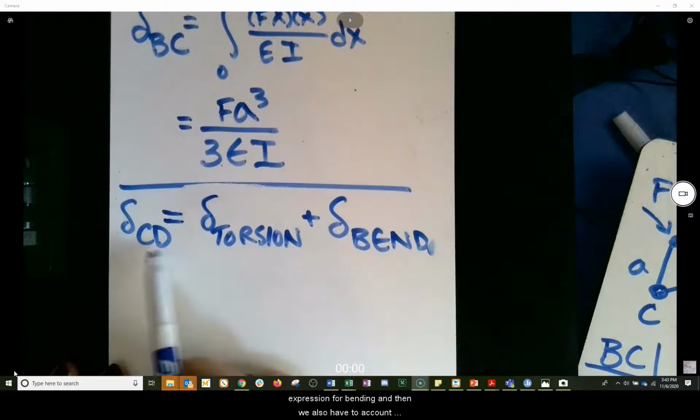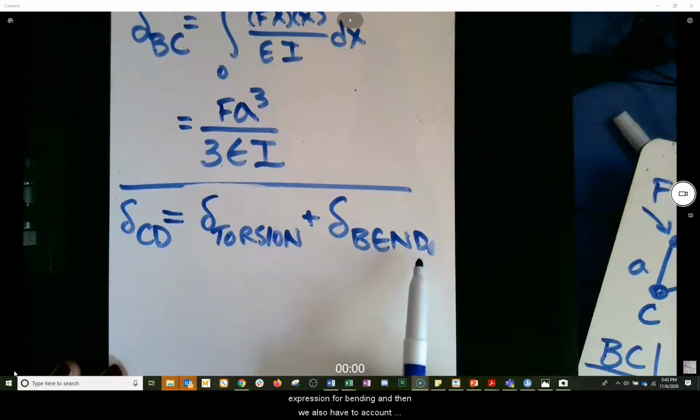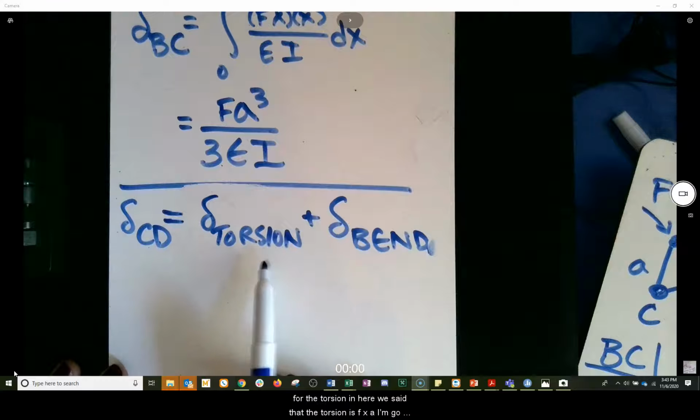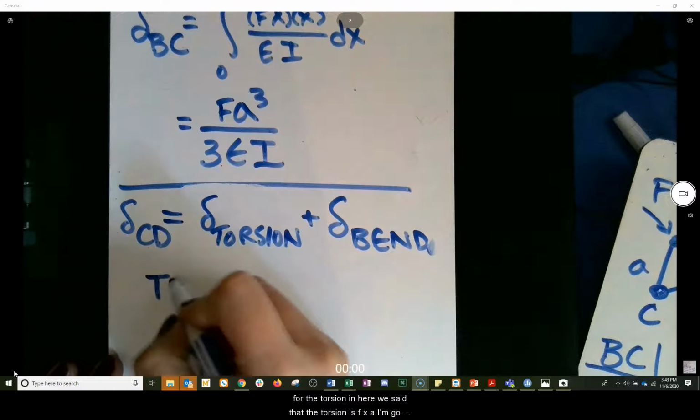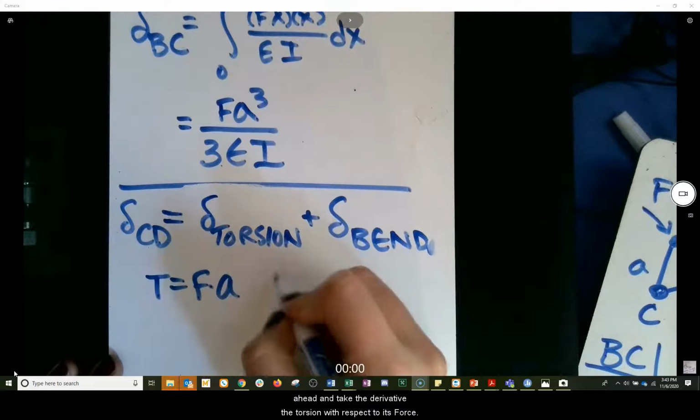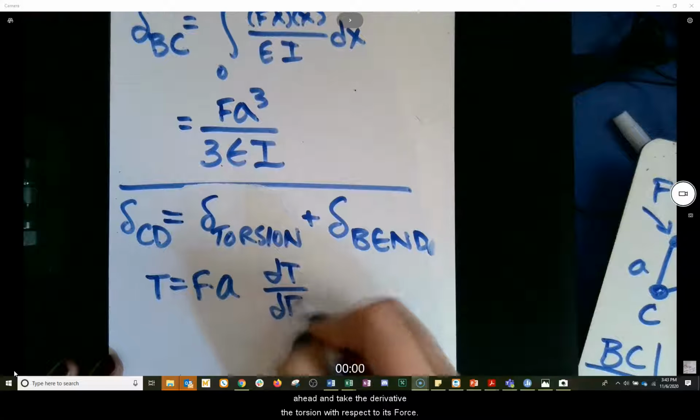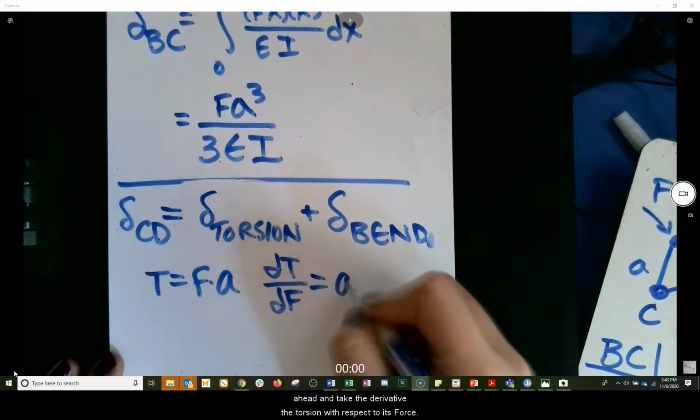For CD, we're going to have a similar expression for bending, and then we also have to account for the torsion. Here we said that the torsion is F times A, and we'll take the derivative of the torsion with respect to its force.